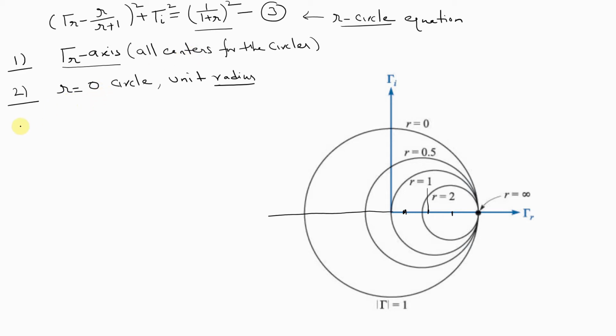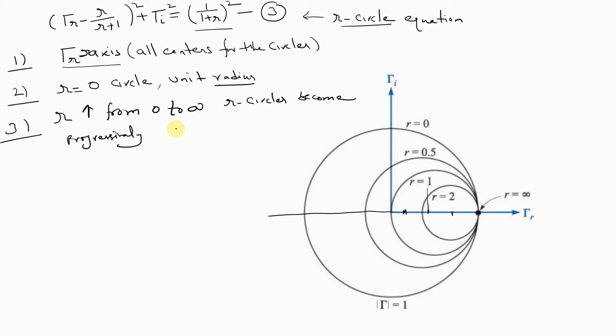Then the third property; these properties are from this equation actually. As the value of r increases from 0 to infinity, these r circles become progressively smaller.